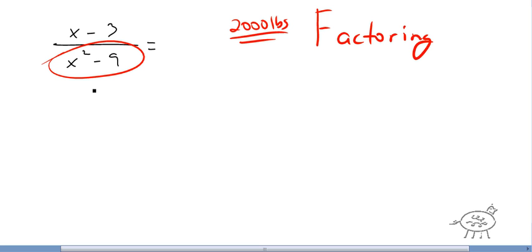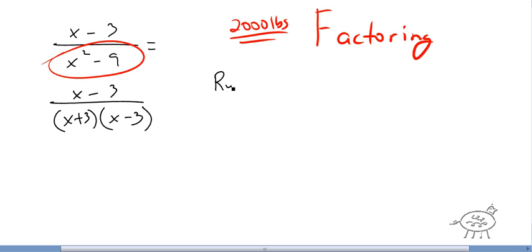So this is the deal. x minus 3 is on top. Factor the bottom. I get x plus 3, x minus 3, the difference of two squares. Now, a couple of things about canceling. I'm going to write some rules down here.